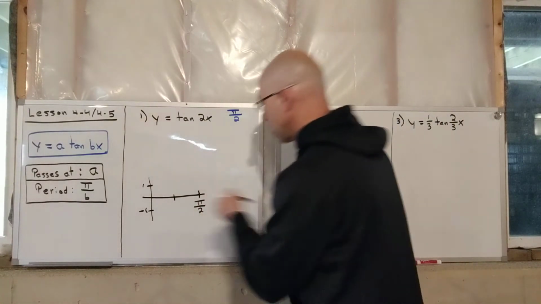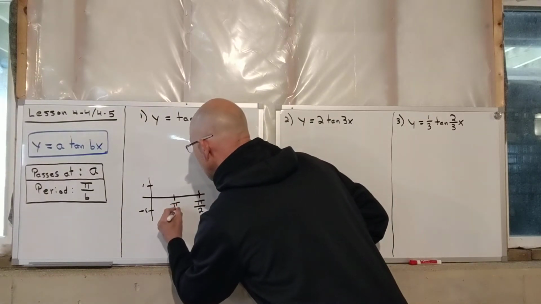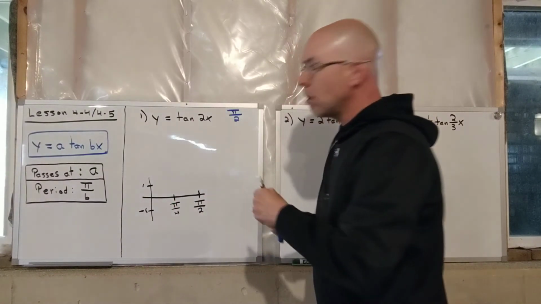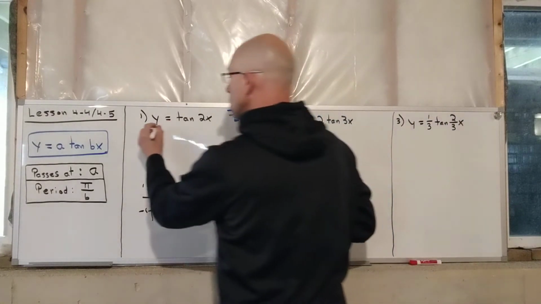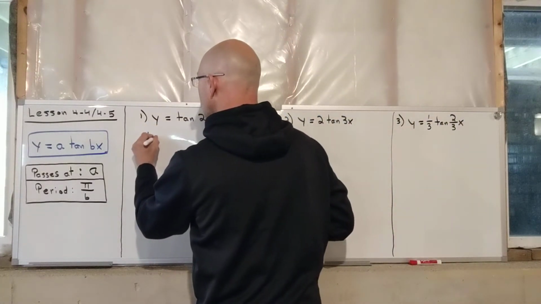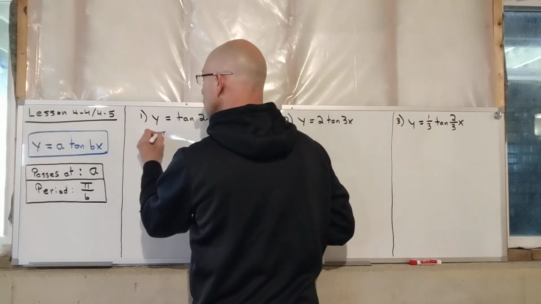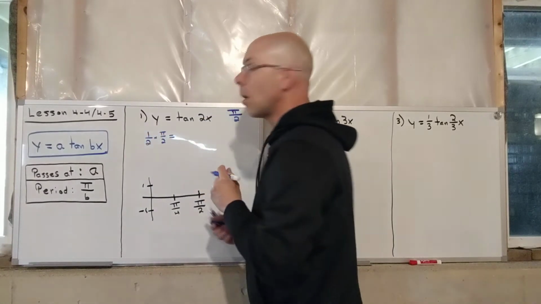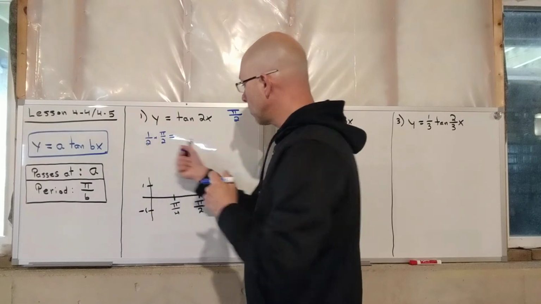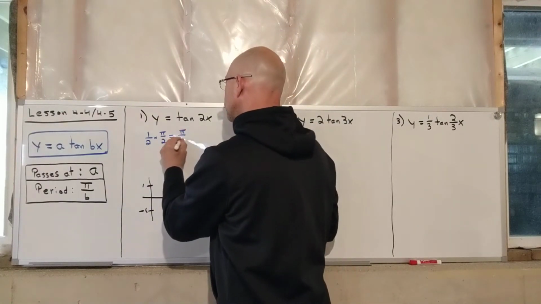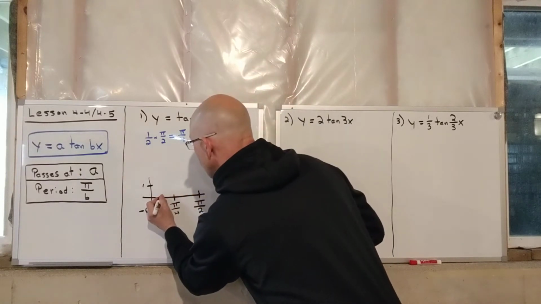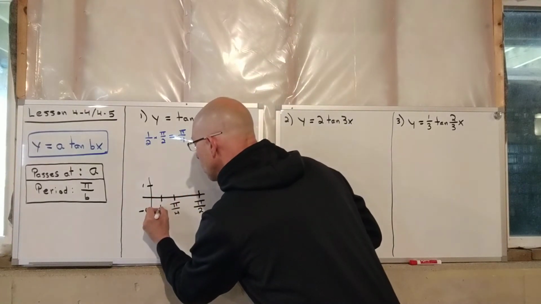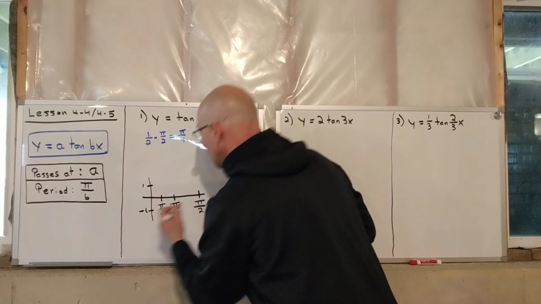Halfway to that is pi over 4. Now, remember I told you, if you don't know those things, halfway to something is times half. So half of pi over 2, multiply straight across, 1 pi over 4. And then next, I need the halfway point of that, which will be pi over 8.